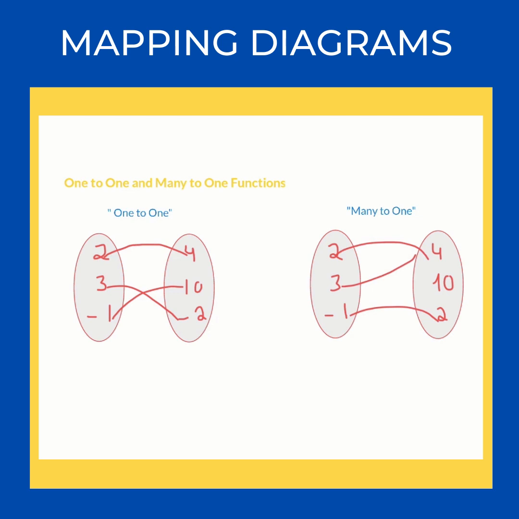This is a many-to-one function because more than one element in the first set is mapped to the same element in the second set. So 2 in the first set is mapped to 4, while 3 in the first set is mapped to 4 as well. So that's why it's called a many-to-one function.